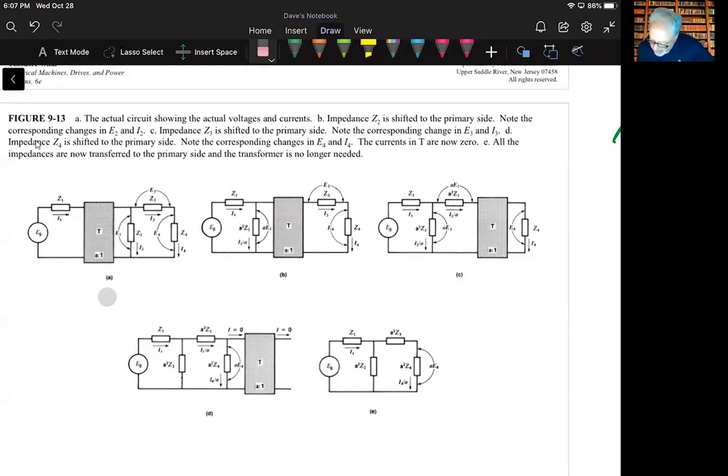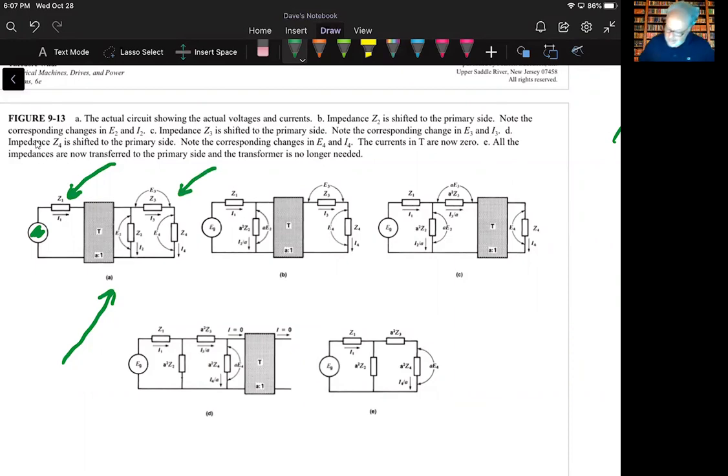So initially what we have is the actual circuit, and here's the source, and here is a load on the primary side, which we haven't seen before, and then out here is the secondary side with some additional impedances connected to that.